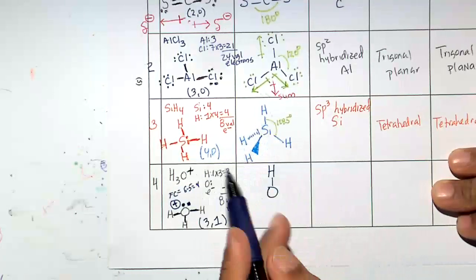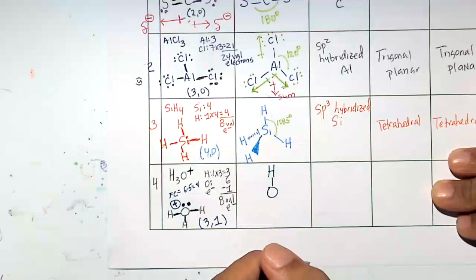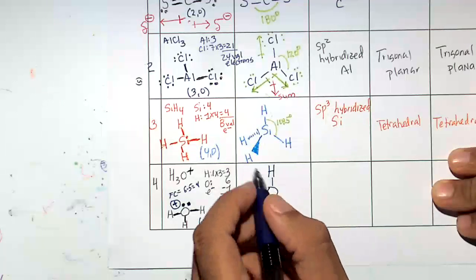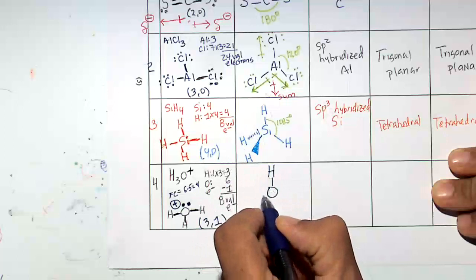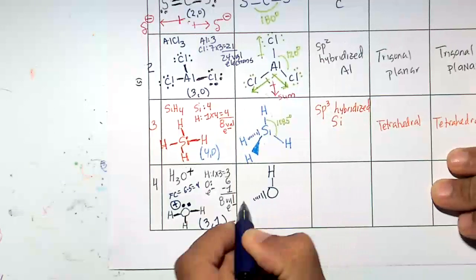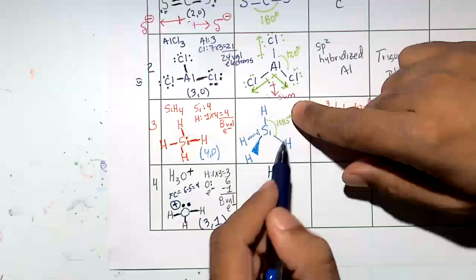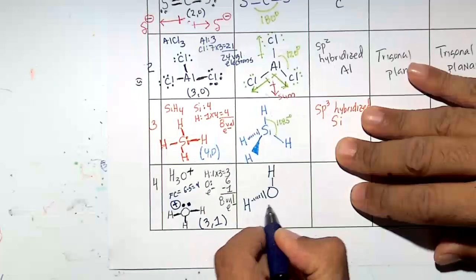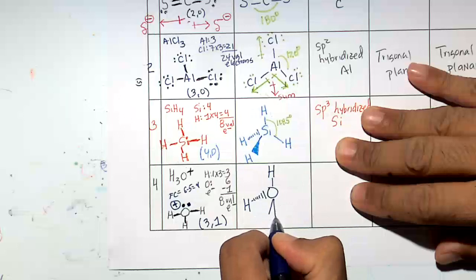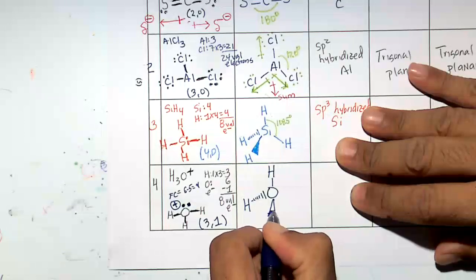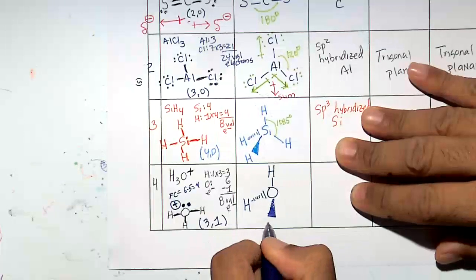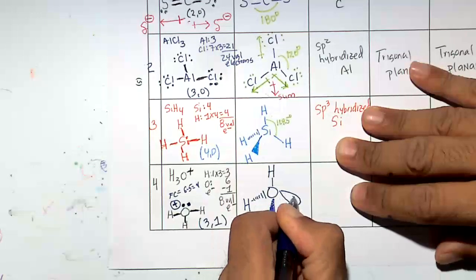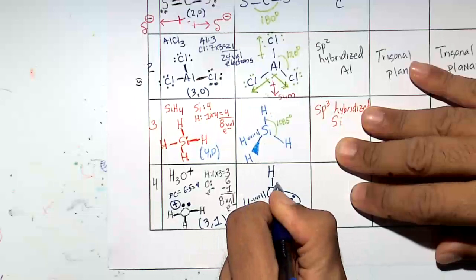I'm going to do it exactly like this, except they'll have a lone pair substituting. And usually when we have a lone pair, we'll put it in a lobe like this.